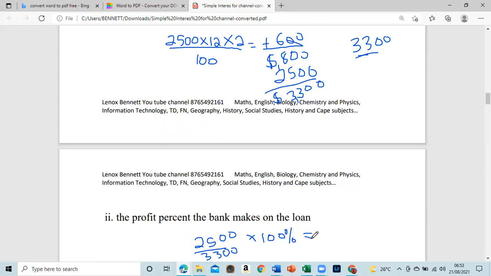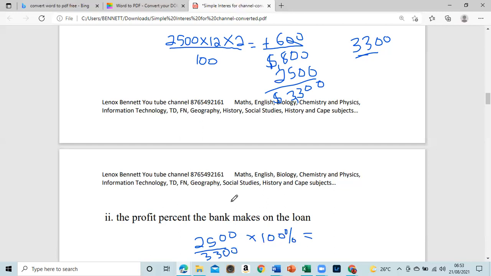All right, so it's 25 divided by 3300 times 100. How come now? This can't be it.